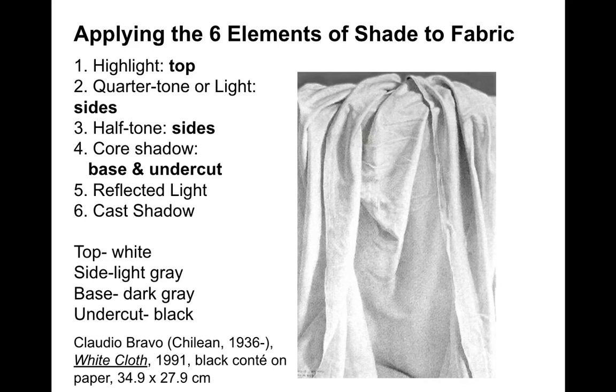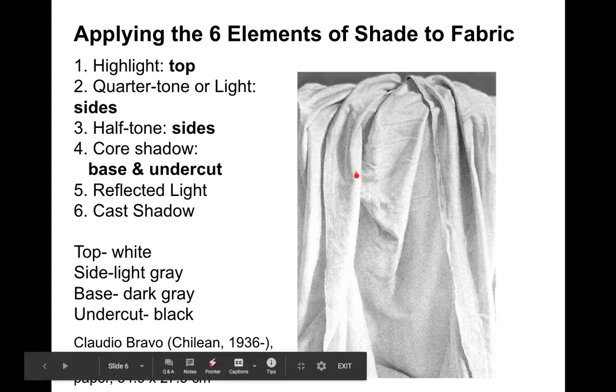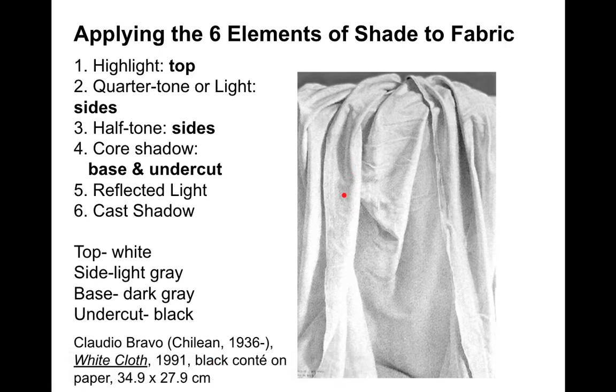This is an example by a Chilean artist, Claudio Bravo, and it shows very clearly the top white areas of the fabric, and it shows you sides where it's lighter gray, and a base where it hits a flat surface where it gets darker, and an undercut in here where it's darkest.